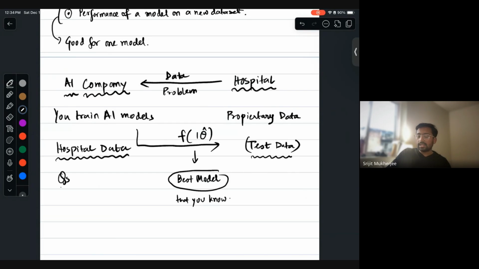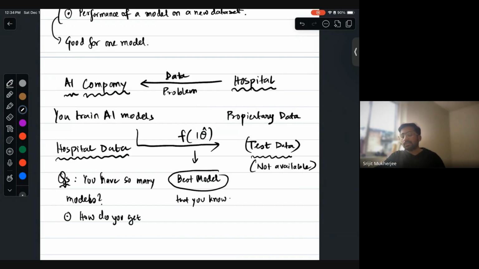The question is how do you get, since you have so many models, the best one when the test data is not available?